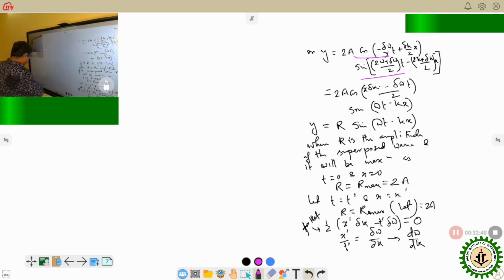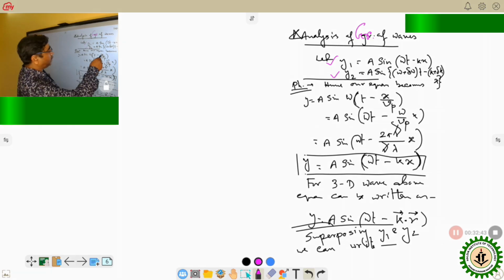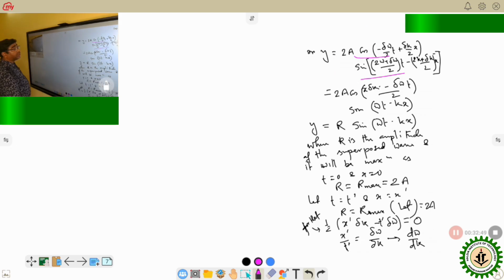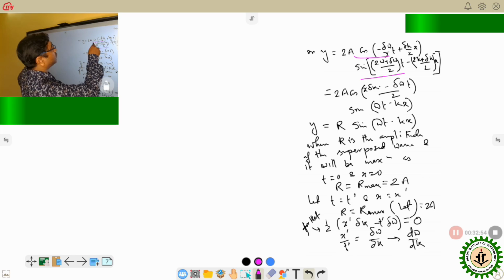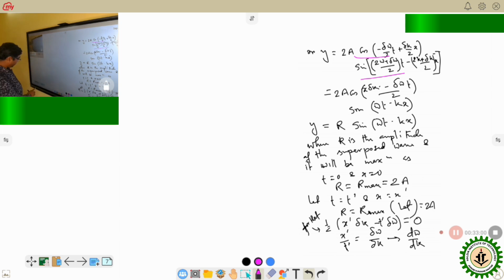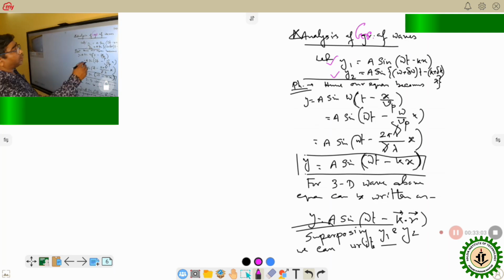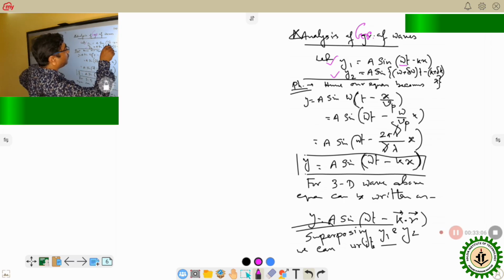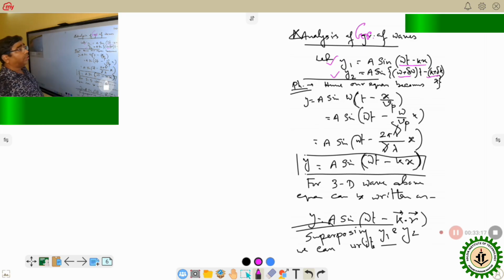We have considered two waves, one with omega and k, and another where I change omega by an amount delta omega, as well as change the wave number by delta k. Then I have added them up.